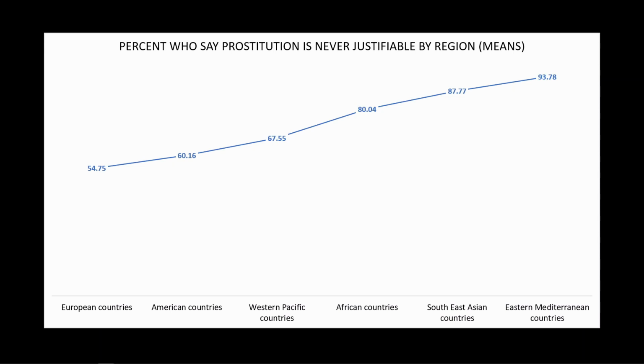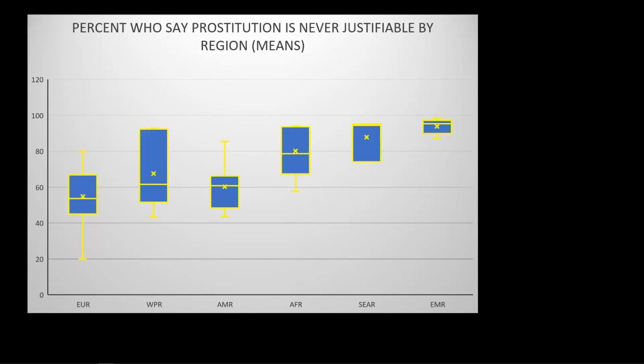Now, I'd also talked in the last video about box plots or box and whisker diagrams, and so I made one. I sorted it a little bit differently in the raw data, and so they ended up in this order. But you can see that for Europe, you can see what the median is, and the mean is the x, and the mean and the median for the Western Pacific.